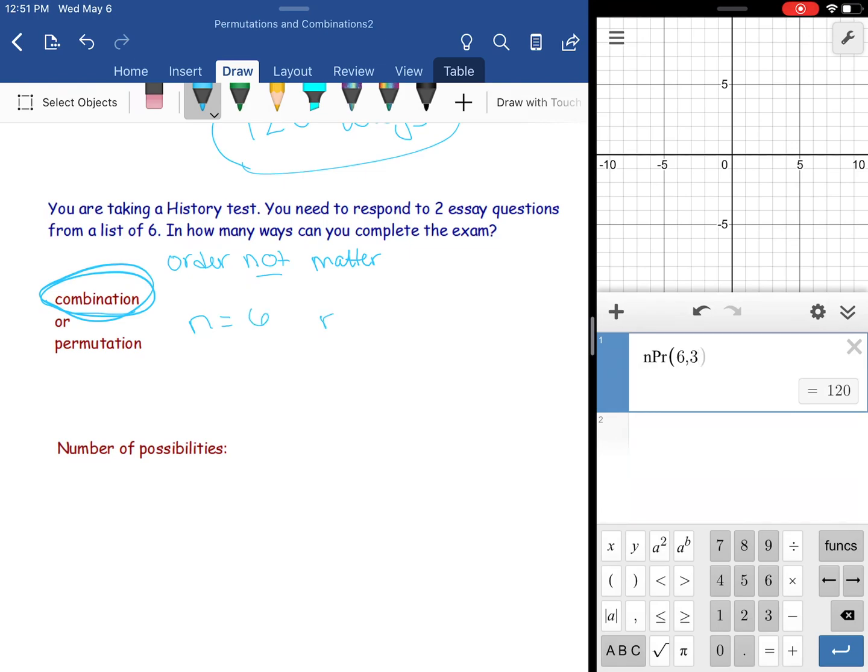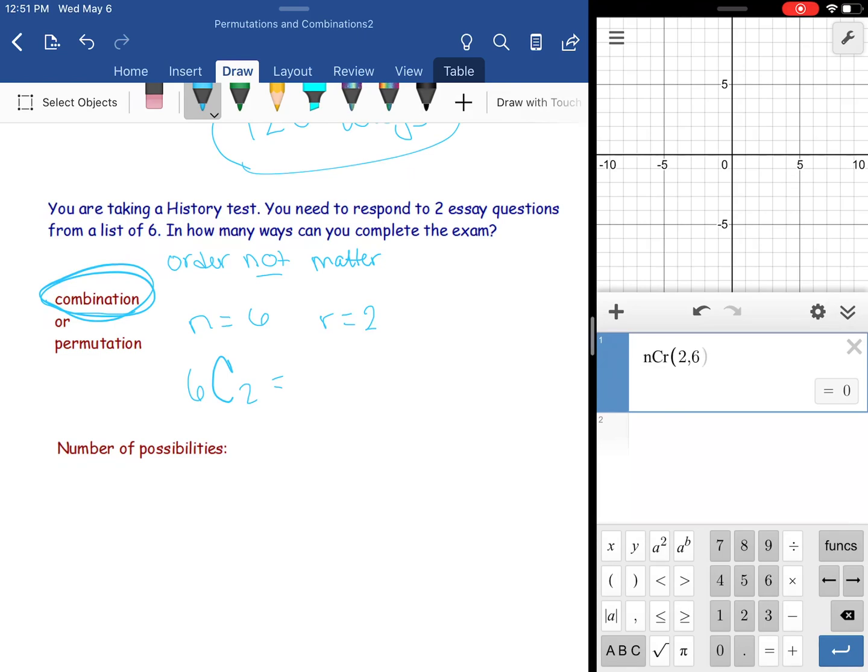Well, there are a total of 6 questions, and we want to pick 2 of them. So we're going to do nCr, so function nCr. Now, always put your larger number first. If you're on the fence about which one's n and which one's r, the larger one has to go first. Because look what happens if I do 2, 6.